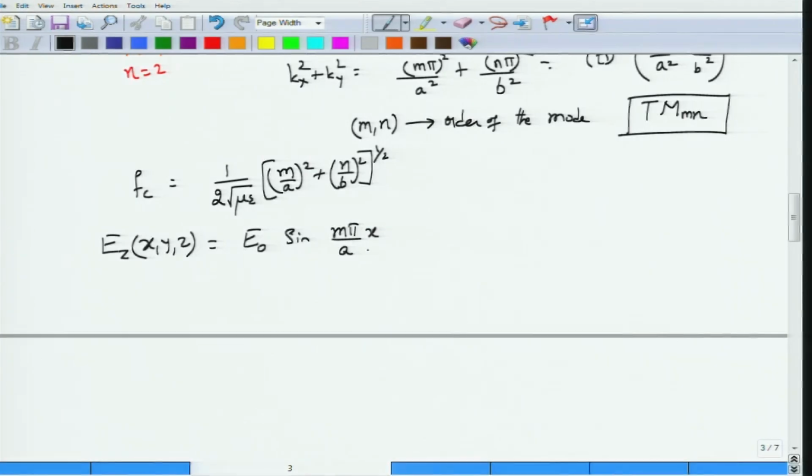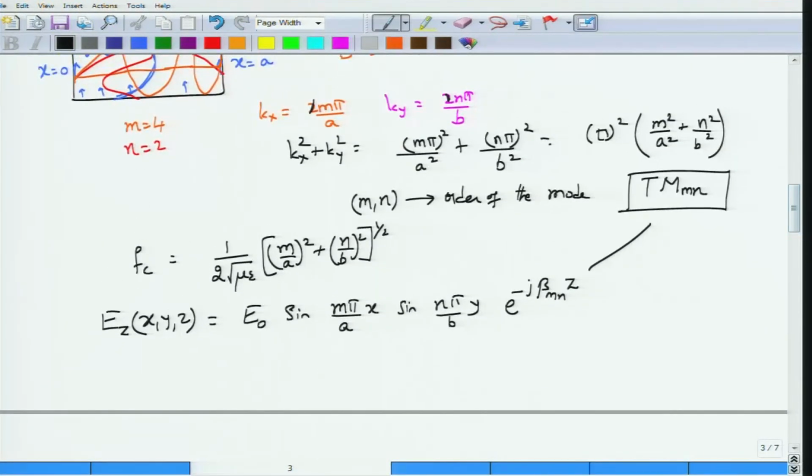So sin of m pi by a x, sin n pi by b y, e power minus j beta mn into z. Again I am denoting even the propagation constant by two subscripts m and n to denote the corresponding order of the mode. But what is beta mn? Beta mn is nothing but omega square root mu epsilon into square root of 1 minus fc mn by f whole square.